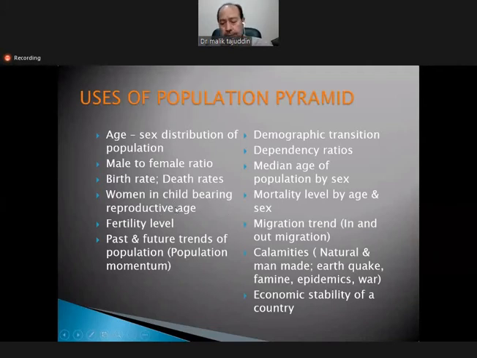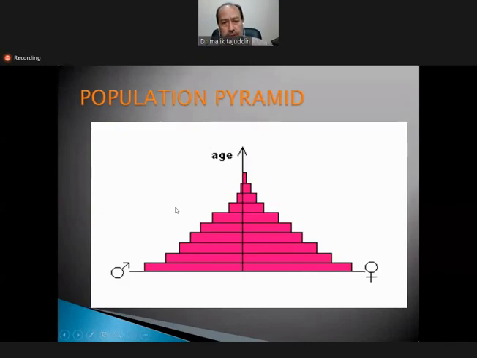Now see, 15 to 45 years of age is the reproductive age. So from here, at 15 years the reproductive age starts, and then 15 to 20, 20 to 25, 25 to 30, 30 to 35, 35 to 40, and 40 to 45.